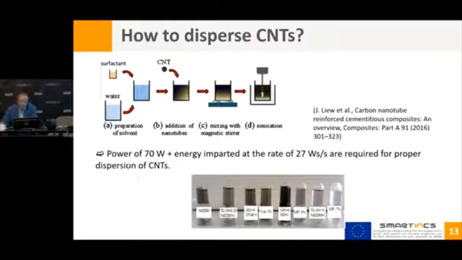Here, in some studies, the power necessary for the deagglomeration of the carbon nanotubes has been quantified, and it seems that 70 watt is needed for separating the carbon nanotubes. And here, as you can see in this last image, you have some dispersions that were done.